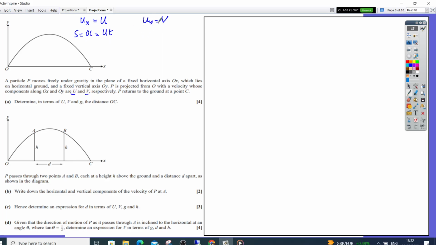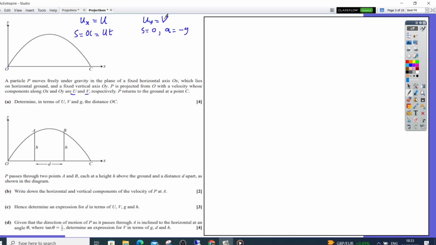So what's happening vertically, we've got a couple of components at play. We know that displacement starts from 0 and it's going to go back to 0. We also know that acceleration is just gravity acting on that particle P, so it's going to be minus G. And what else do we know?